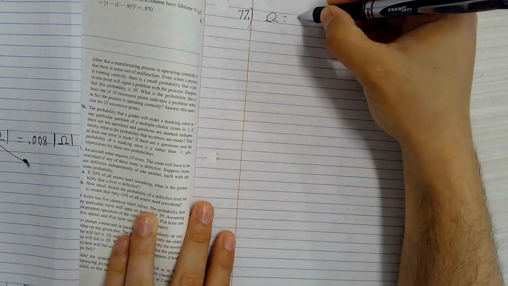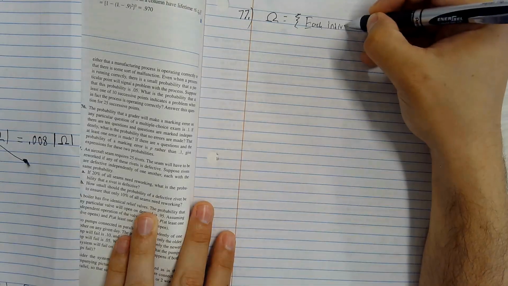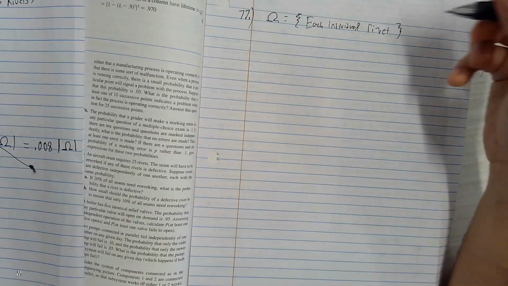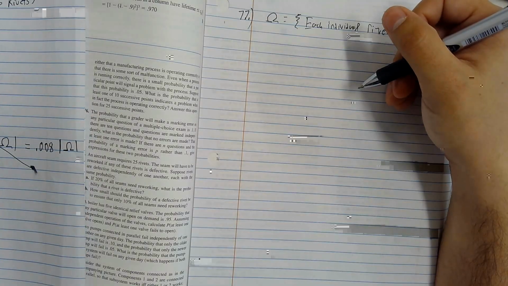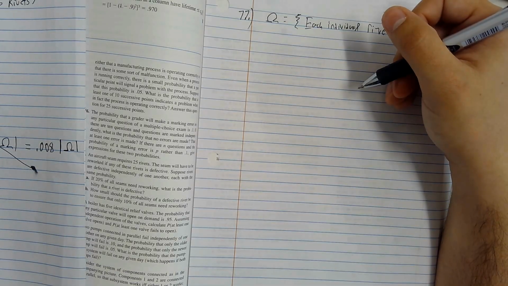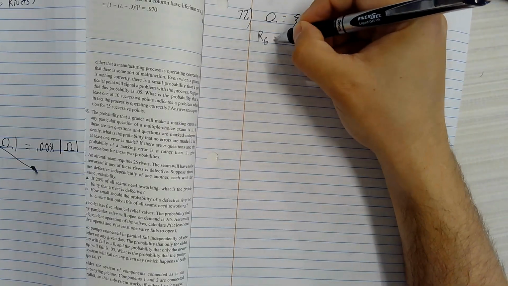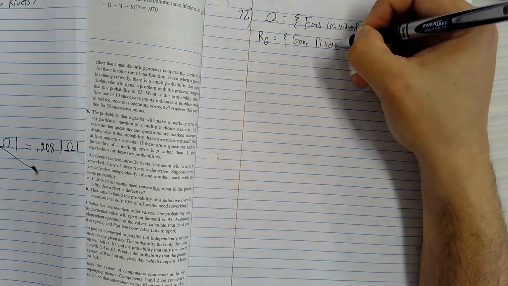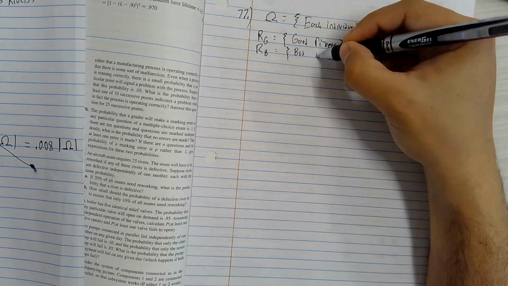Alright. To find omega, I think our omega's right. I think it's each individual rivet. And I do think that we partition the set into RG, which is our good rivets, and RB, which is our bad rivets.